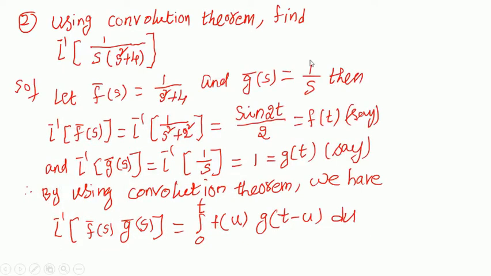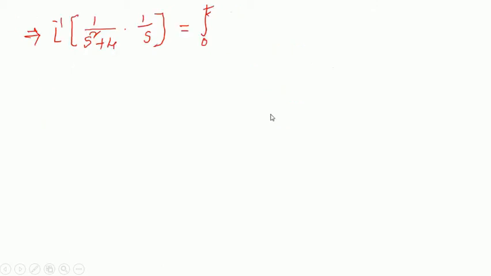What is f of t here? F of t is sin 2t by 2, so in the place of t you can write u, then we can get sin 2u by 2. So f of u value is sin 2u by 2.